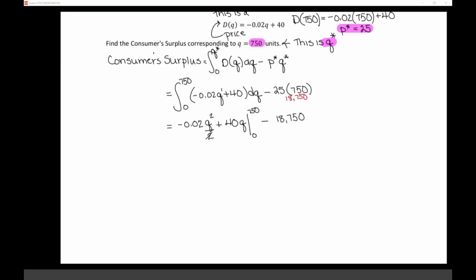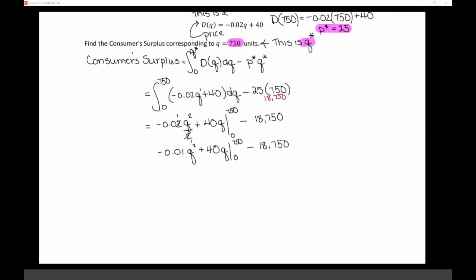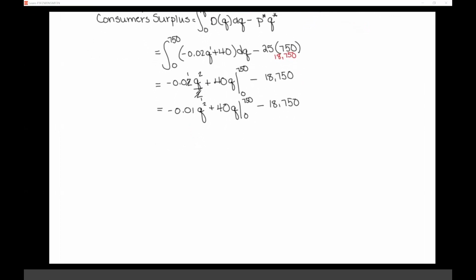I'm going to divide 2 by 2 and I'm going to get negative 0.01 Q squared plus 40Q, evaluated from 0 to 750 minus 18,750. You'll notice that I typically do my algebra steps before I do anything related to calculus to try to get things as simple as I can before I start making them complicated again.